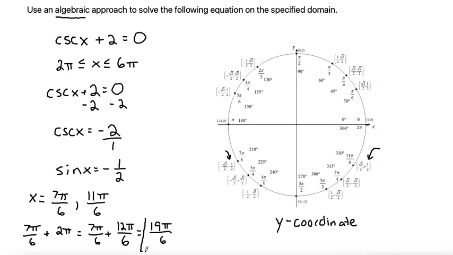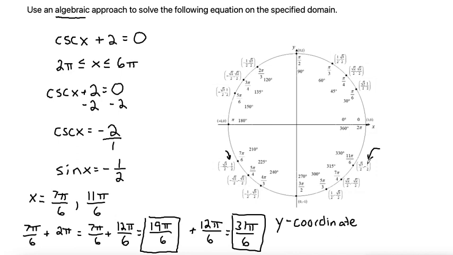So 19 pi over 6 would be one answer, but then if we add 12 pi over 6 a second time, that would give us 31 pi over 6. That would be coterminal with 7 pi over 6, but is the second time around. So that would make it between 4 pi and 6 pi.